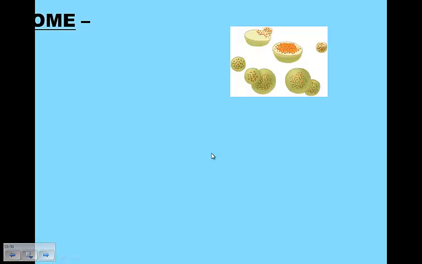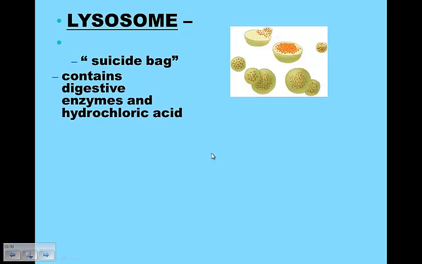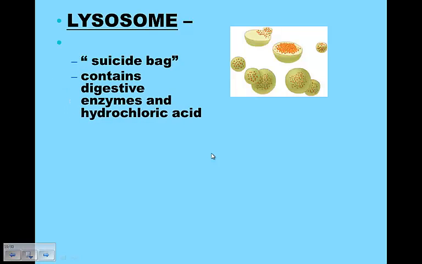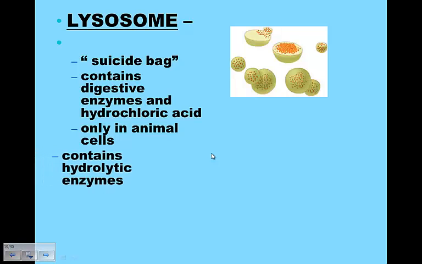Well, speaking of lysosomes, the lysosome contains the digestive enzymes and the hydrochloric acid. It's going to digest all kinds of older cells. You're only going to find those in animal cells. The lysosome contains hydrolytic enzymes. So hydro, again, means water, and lytic means to lyse, or to kill. And so there are enzymes that are going to destroy. We call this the suicide bag, the trash can of the cell.